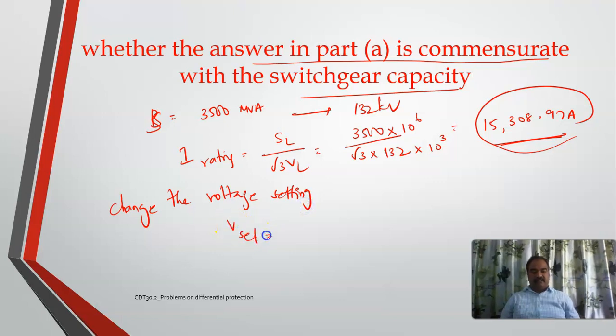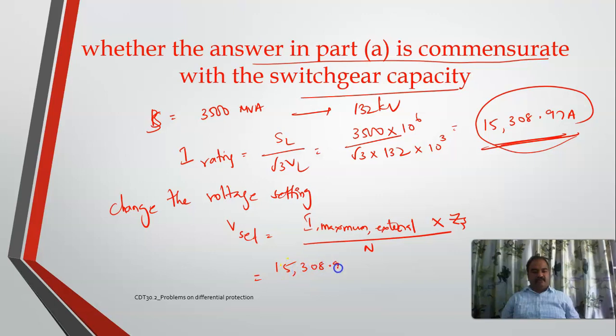V setting formula, the same. I maximum fault current, maximum external fault current into ZS by N. So what was it? Now this is my new maximum fault current, because beyond which my system may not be able to withstand, into ZS is 2.7, we have already calculated, by 500.